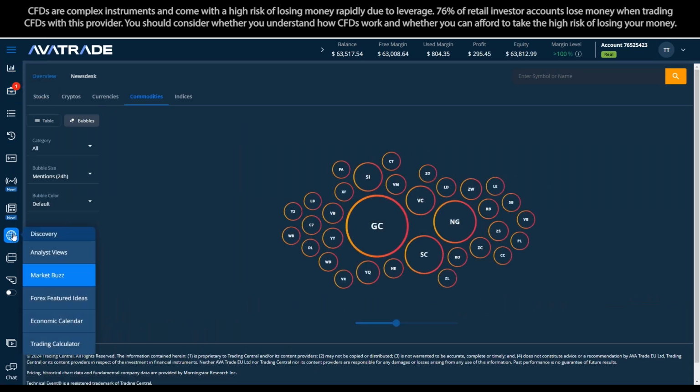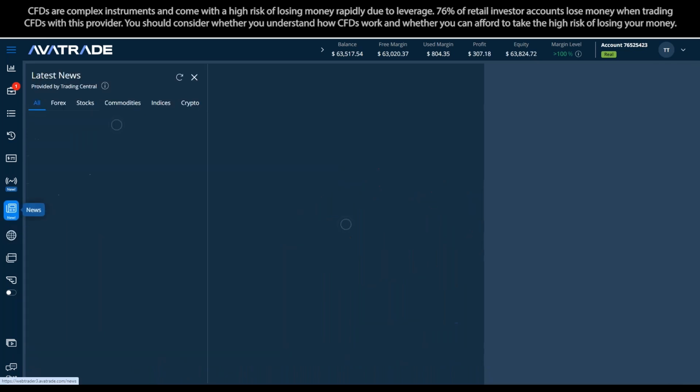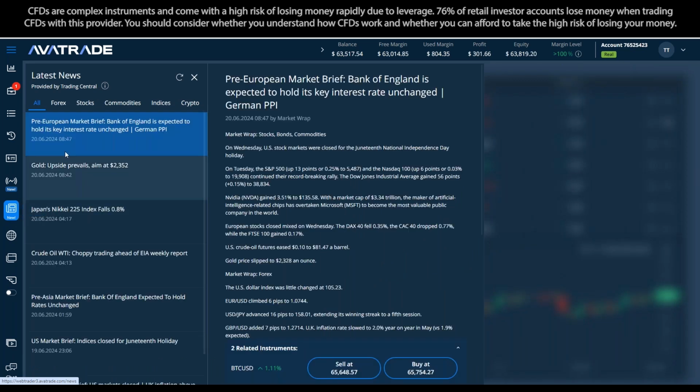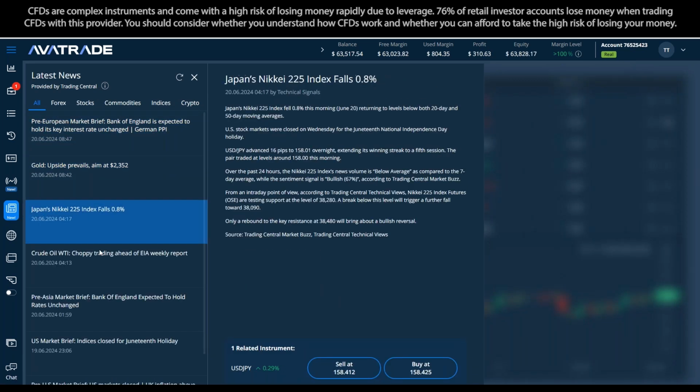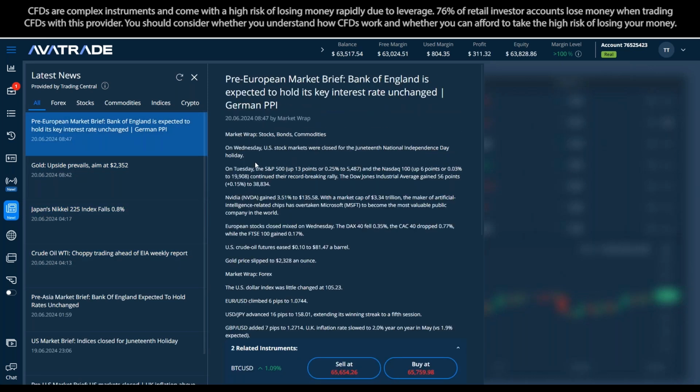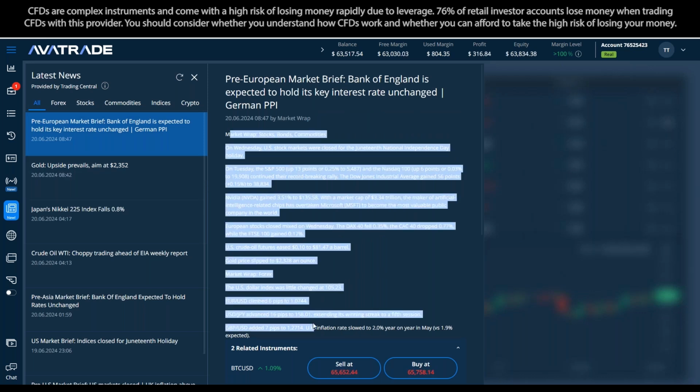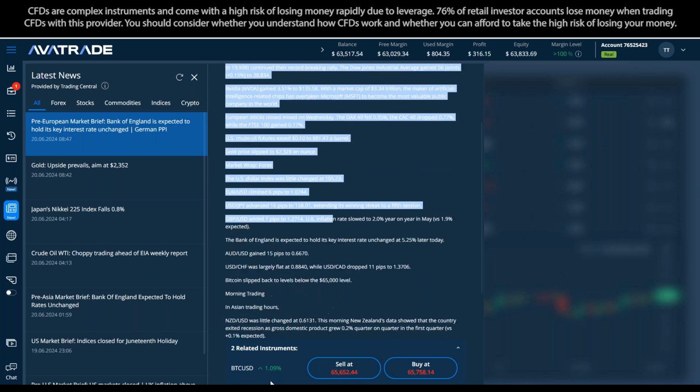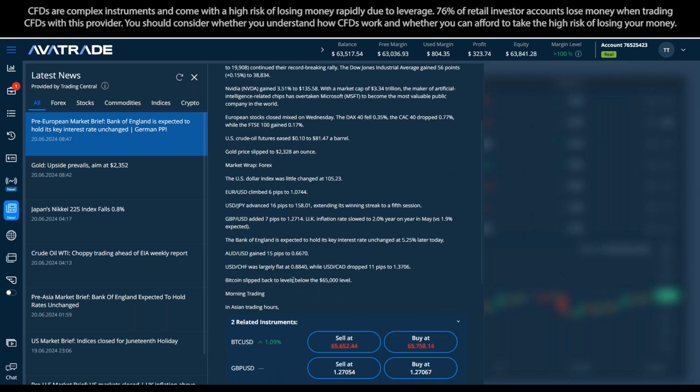And a third place, before we end things, to find fundamental news is just above this discovery section, the news feed. So if I click the news feed, it comes in time-stamped with different newsfeed topics, and it includes the latest stuff from the economic calendar, the latest headlines. It puts it all together in a summary of what's going on related to whatever instrument is listed below.